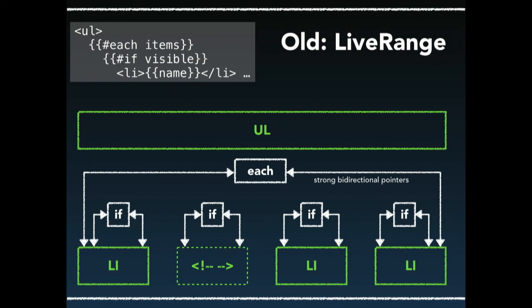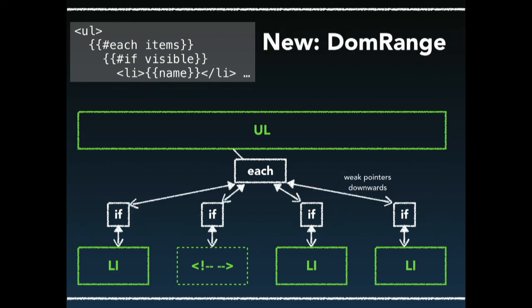So live range has these strong bidirectional pointers. It assumes the DOM is going to be pretty much how it left it. You can see that if you were to just come in with jQuery and really shake up this DOM, remove an LI that's on the end here, move them around, it would just move these pointers around. That would be a disaster. So what DOM range is, it's a lot more like a spider web that ties together these constructs between two levels of the DOM.